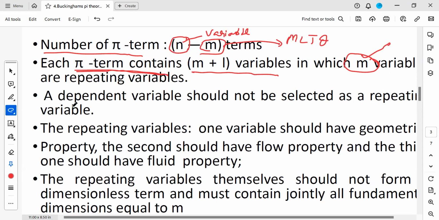Next, a dependent variable should not be selected as a repeating variable.